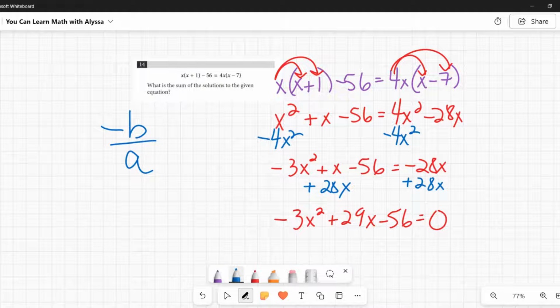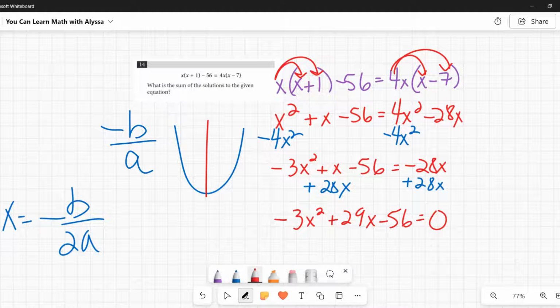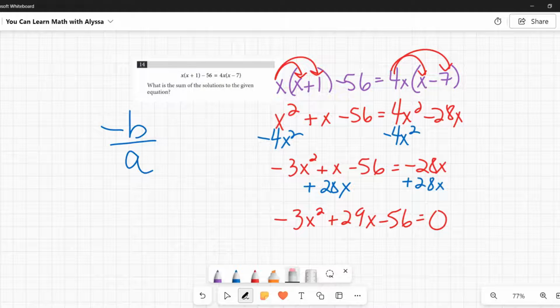Do not confuse this with the axis of symmetry equation, which is x equals negative b over 2a. That is the axis of symmetry, when you're trying to find the line that goes straight down the middle of a parabola. So it's very close, but they are separate. Remember them both, but keep them separate in your mind. So that's the axis of symmetry. This is the sum of the solutions.